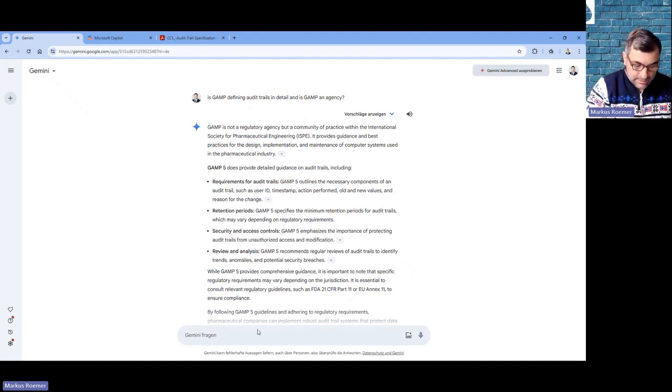Is 21 CFR Part 11 a computer system validation guideline, or is it only about electronic records and electronic signatures?